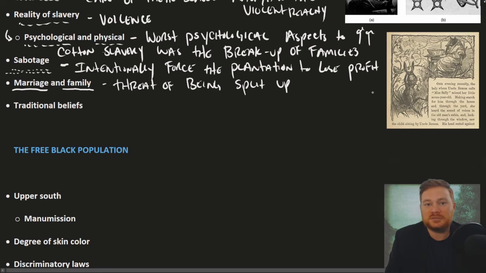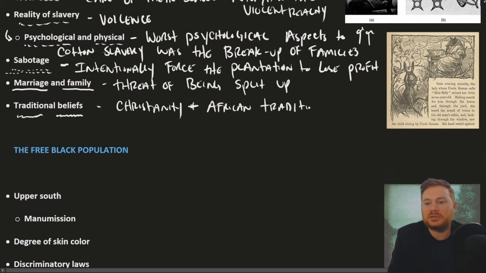But also within these families, traditional African beliefs did persevere. For the most part, many slaves did convert to Christianity, willingly and unwillingly. But there were also many other African traditions that survived. So, for example, Christianity is a religion that is mostly concerned with things like right and wrong, moral and immoral, how one gets to heaven.